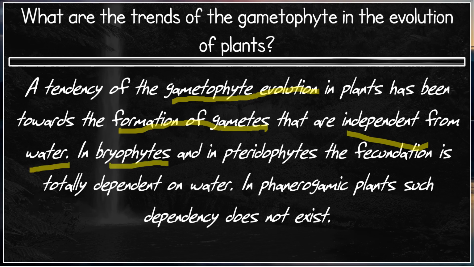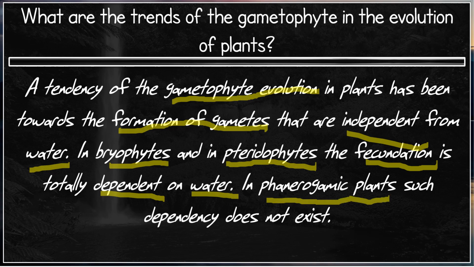In bryophytes and in pteridophytes, the fecundation is totally dependent on water. In phanerogamic plants, such dependence does not exist.